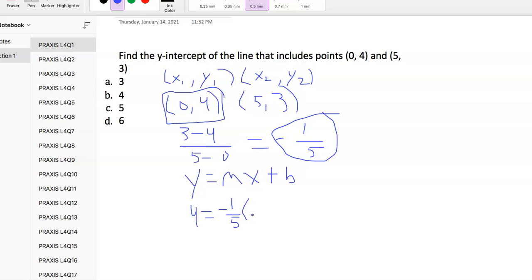We're plugging in 0 for x plus b. Remembering b is what we're solving for. b is the y-intercept. So when I go negative 1/5 times 0, it's just going to equal 0. And then we're just left with 4 equals 0 plus b, or just 4 equals b. Again, b is y-intercept right there.